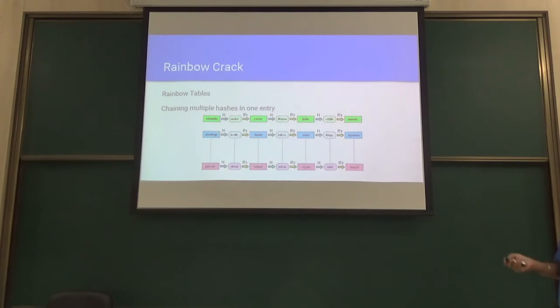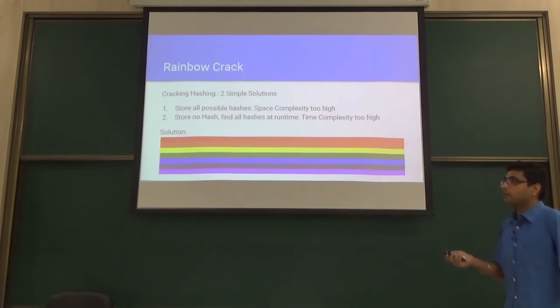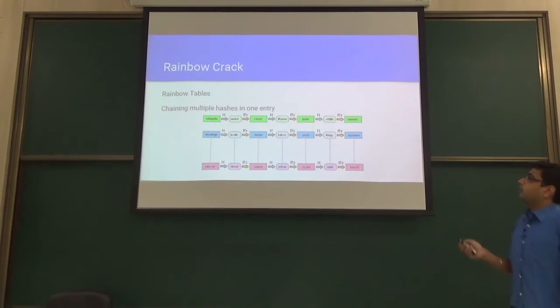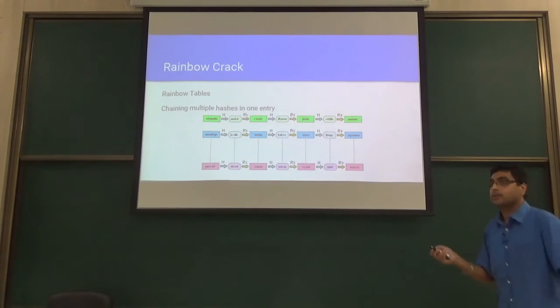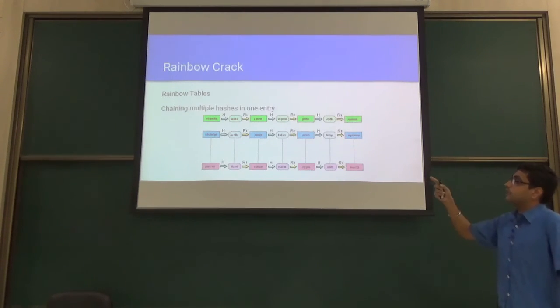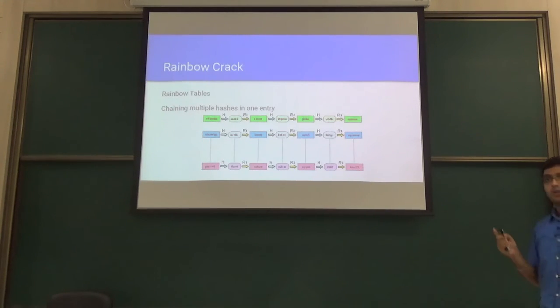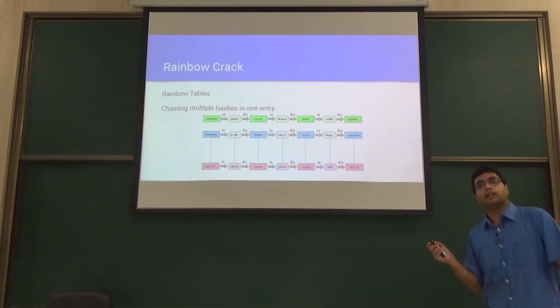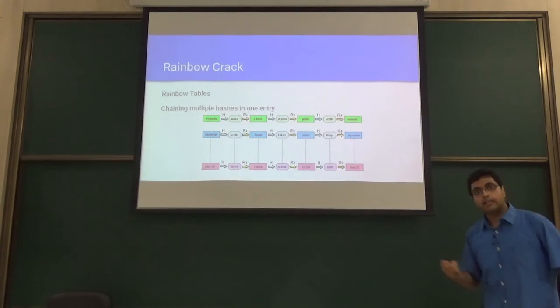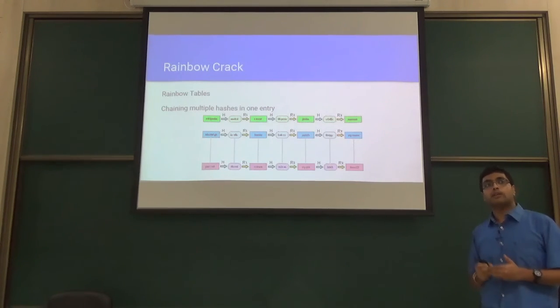So why is it called a rainbow? Each and every chain can be considered as a rainbow. Now there are different reduction functions. One way is to use the same reduction function everywhere, say I'll take only the first 6 characters. Each reduction function can also be different. It has been mathematically proved that if we use different reduction functions, then the coverage is high and the probability of collisions is low.